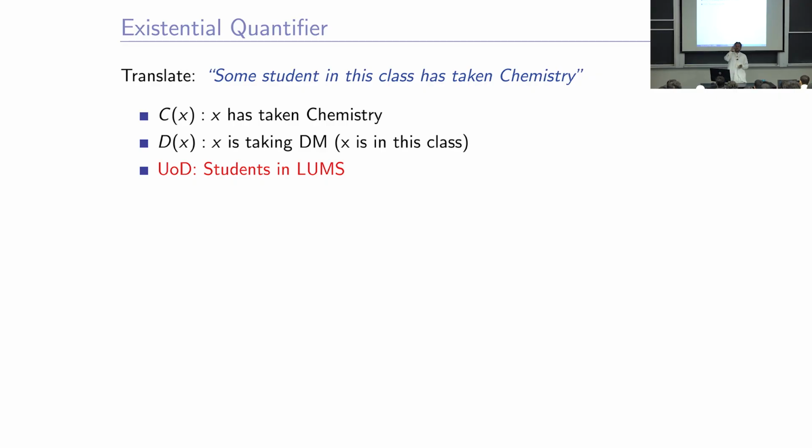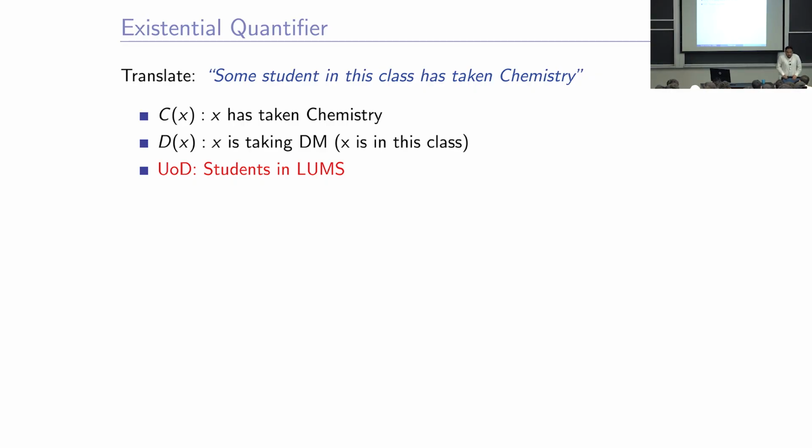There exists a student where? In the universe of discourse, yes. Then who has taken chemistry? Is that what the blue statement says? So what's wrong with the blue statement and your translation? The universe of discourse I gave you is students in LUMS.